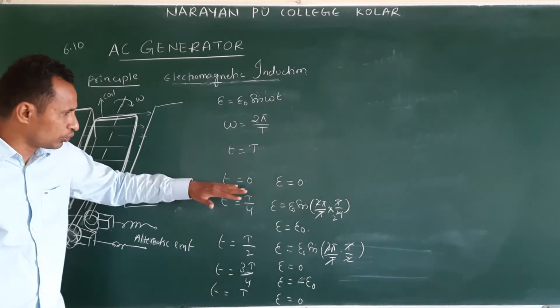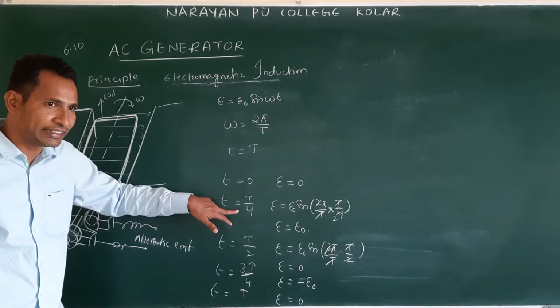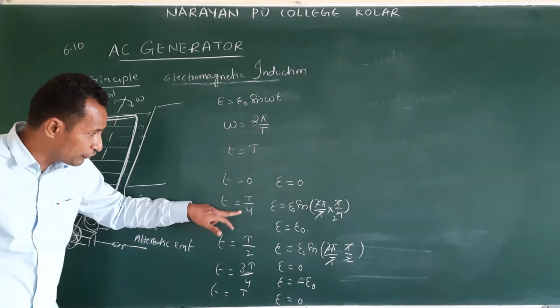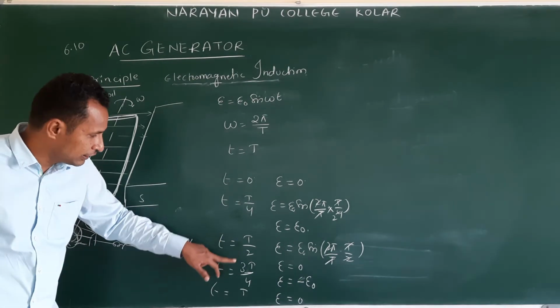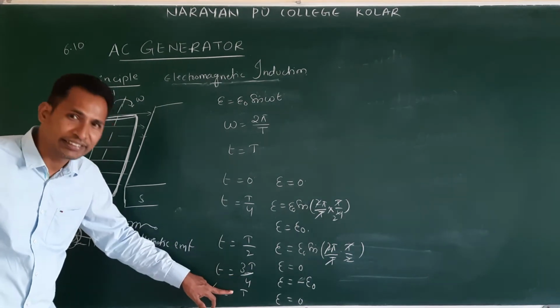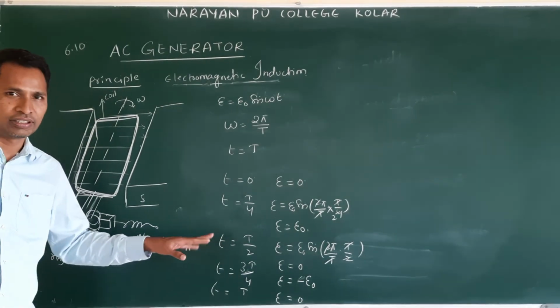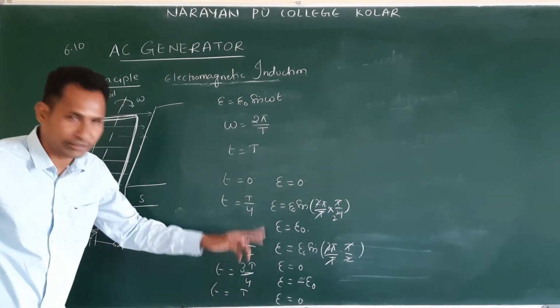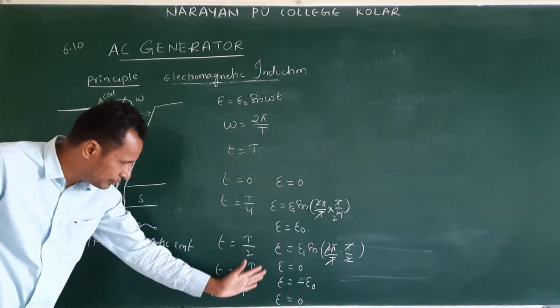T is equal to 0, no turn, parallel. T by 4, 90 degrees. T by 2, 180. 3T by 4, 270. T, 360. So one turn is over. Next turn, again it will repeat. Next turn, same thing will repeat.